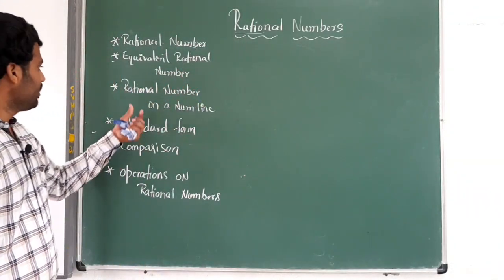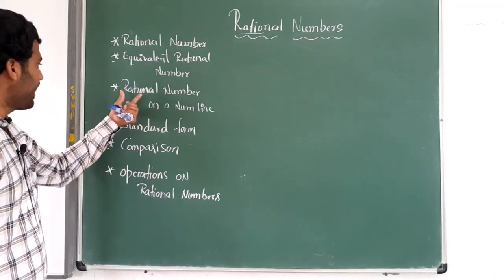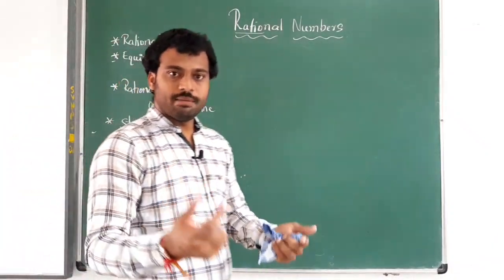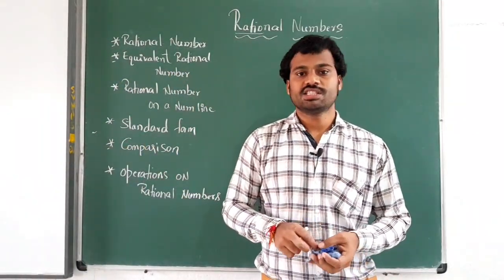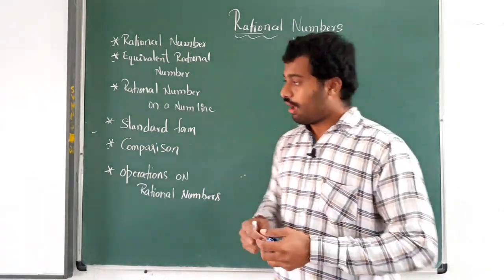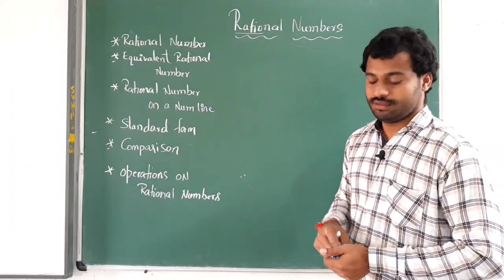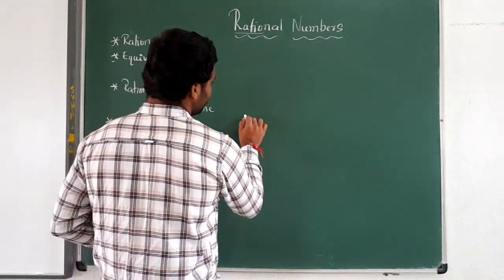So next is what? Rational numbers on a number line. So on the number line, how to represent natural number, whole number, even integers we will also learn. Now, how to represent a rational number on the number line? For that, first you consider a number line.